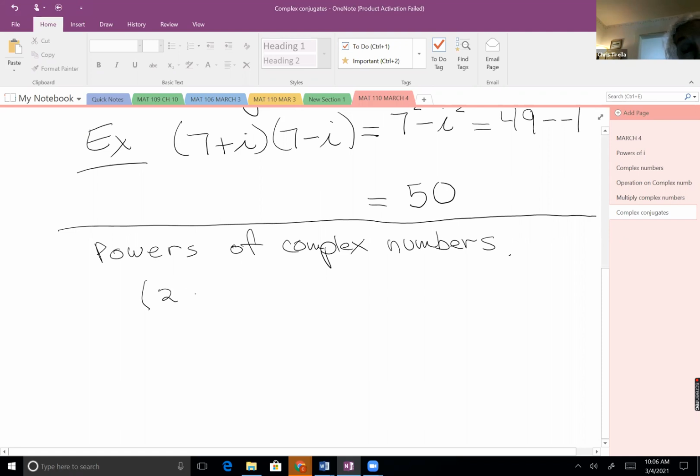And so I'm going to look at something like 2 plus 4i squared. If you can remember that rule for squaring a binomial, you could apply it here. But I think for most people, it's easiest to think of it as repeated multiplication.